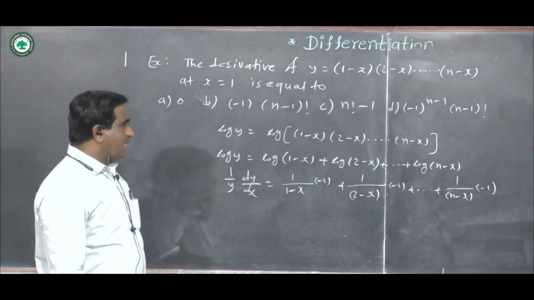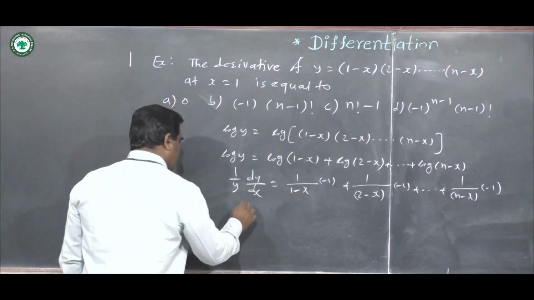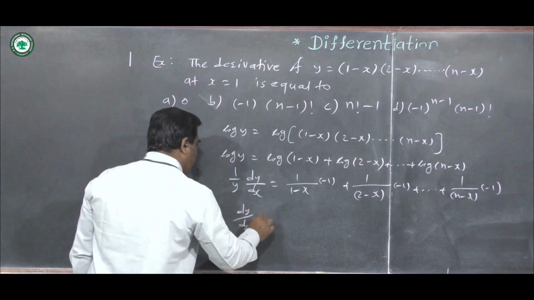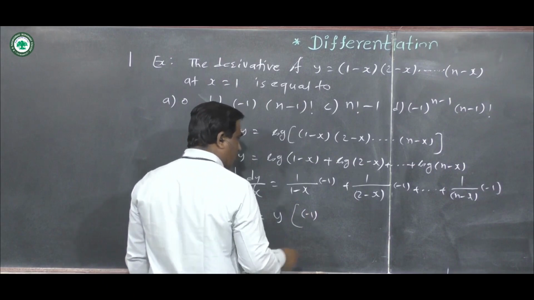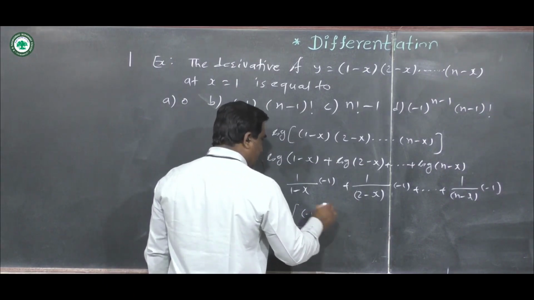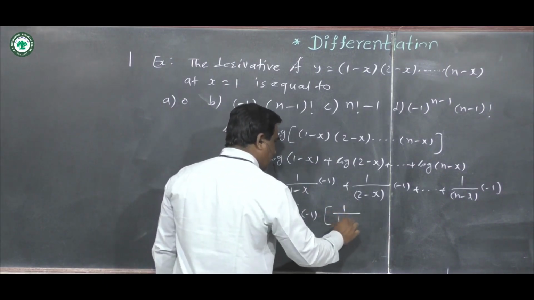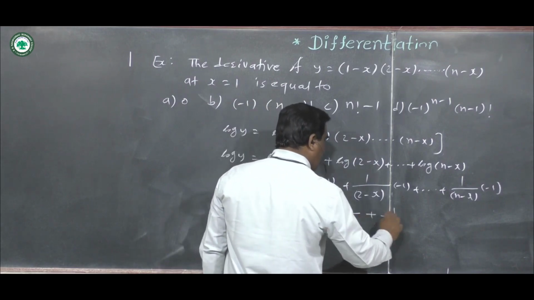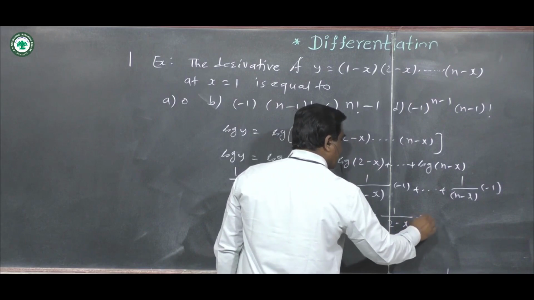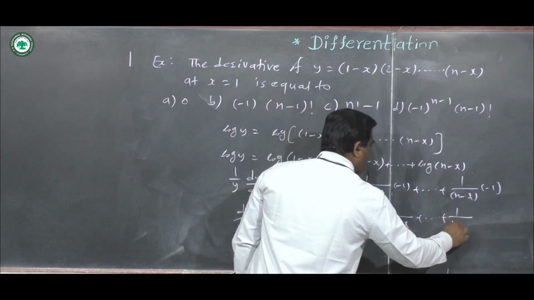Okay, now we can take minus 1 common, dy by dx is equal to, take this y to the RHS, y into in bracket, minus 1 common, in bracket remains 1 upon 1 minus x plus 1 upon 2 minus x plus so on, 1 upon n minus x.